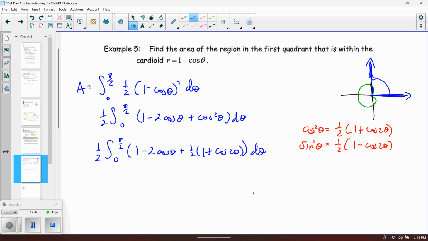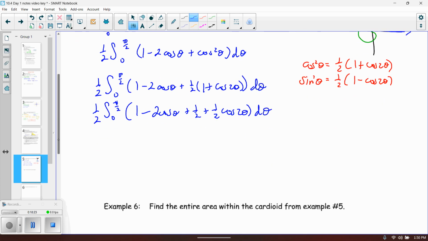Now we want to simplify because I've got that 1/2 on the outside of the parentheses within the middle part there. So let's distribute the 1/2 through, not the 1/2 from the outside of the integral. We're going to take 1 minus 2 cosine theta. Now we'll distribute this 1/2. So we're going to get 1/2 plus 1/2 cosine of 2 theta d theta.